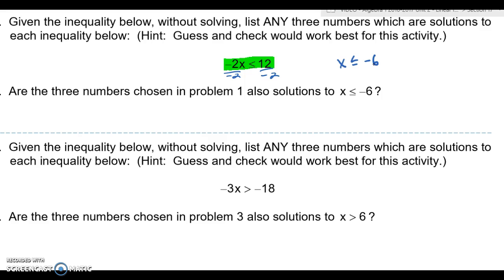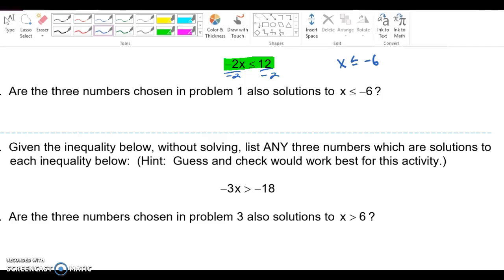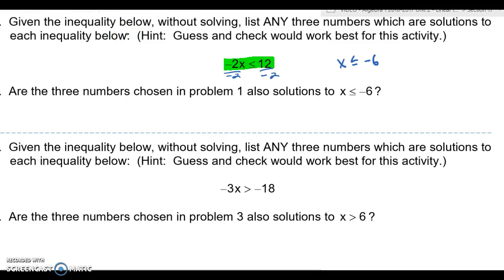If I take a number that's less than or equal to negative 6, and I'm just going to go with my next available integer, which would be negative 7, if I take that and plug it back into my original inequality and compare it to 12, what I end up getting is 14 is less than or equal to 12.